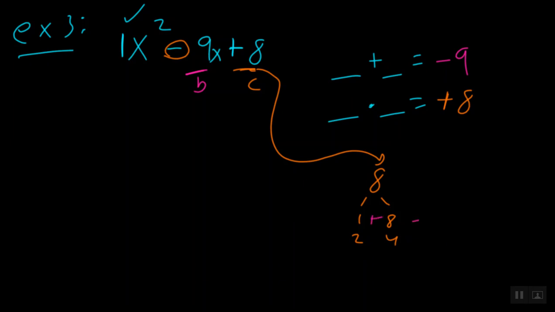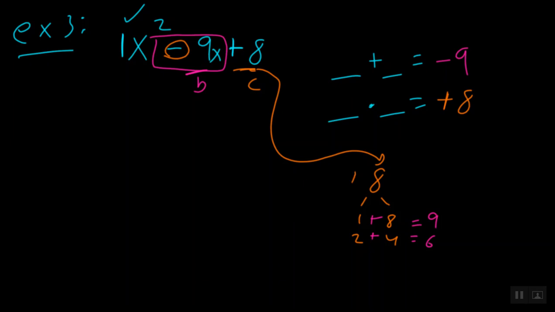So let's say I go ahead and start adding these. What do I get? 1 plus 8 is positive 9. And 2 plus 4 is positive 6. And wait a second. We notice that our b term is a -9. And both of those are positive. So what that's going to tell us is we actually might have to start playing around with some negative numbers.